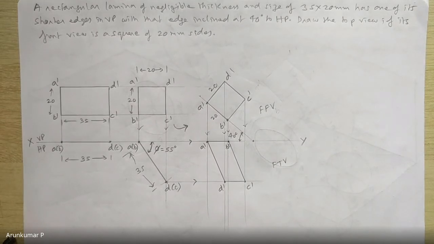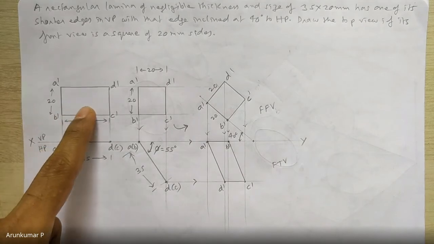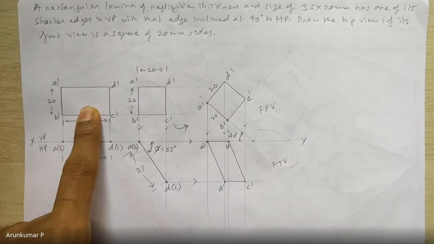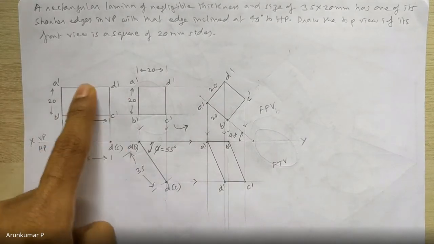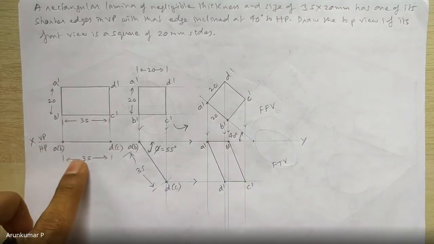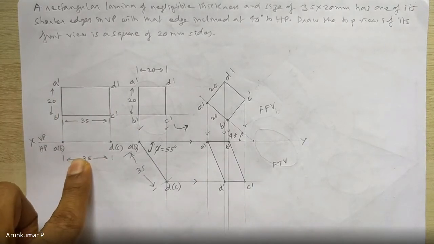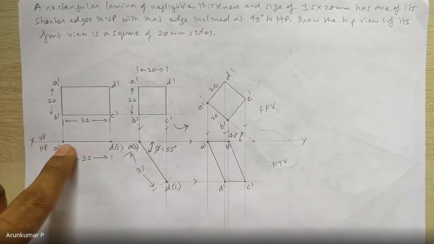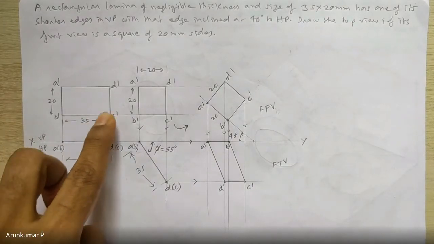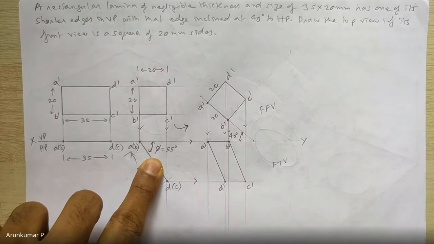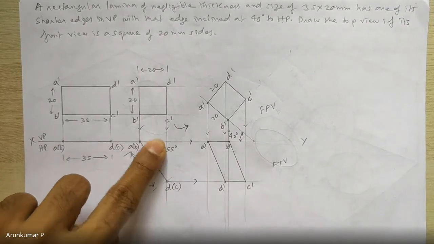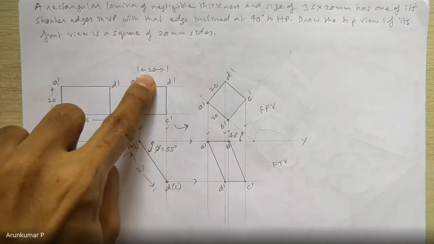So exactly the reverse of whatever you have been doing till now. You have to start with the front view. Draw the rectangle. Then in the top you will get the true length, that is the length of the longer edge. And then when you incline to VP by some angle, then in the front view you are going to see a square.